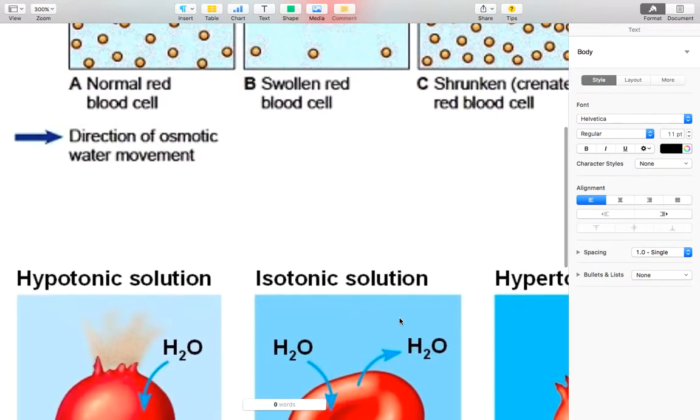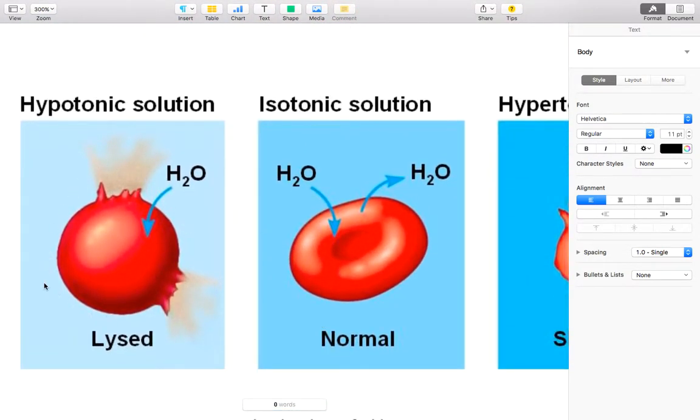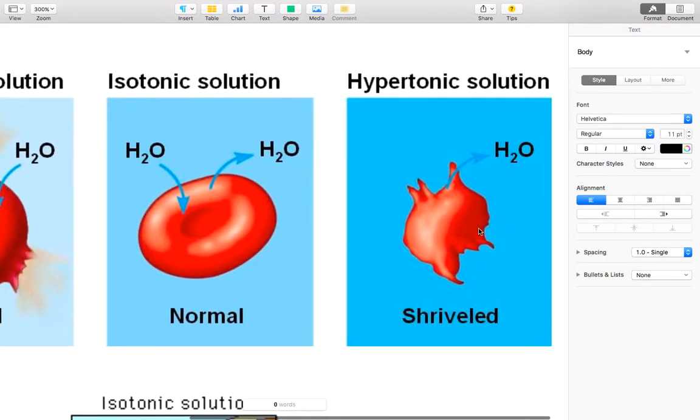Now, in these pictures, we have other illustrations of the same concept: a hypotonic solution, an isotonic solution, and a hypertonic solution. Here you can see the cell is really shriveled and small and shrinking because most of the H2O is going out of it.